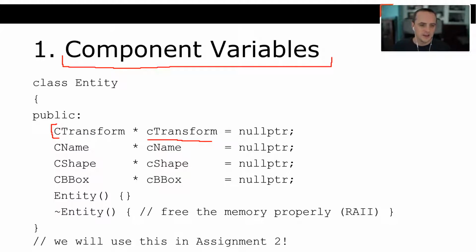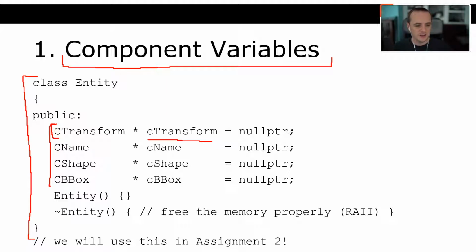So again, here's the entity class, okay? All the entity class does is store components. And so here's an example of how we might set up that. If we were using raw pointers, which we won't, and I'll get to that in a second, we would have, for example, if these were our 4 component types in our game, a transform, a name, a shape, and a bounding box.